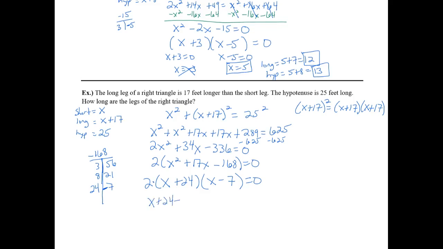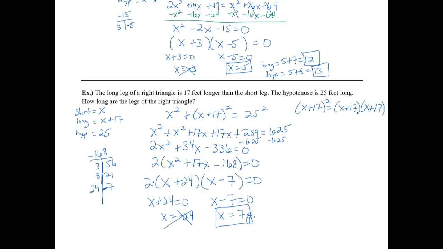X plus 24 could be 0 though, and x minus 7 could be 0. I solve each equation, I subtract 24 from both sides, get negative 24, add 7 to both sides, get positive 7. I'm talking about distance, so it's not going to be a negative solution, it has to be the positive 7. And in this case, positive 7 feet.